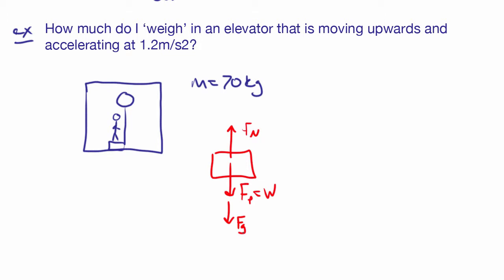Now the question is, which force is the scale actually reading out? What is the scale reading, giving you? It's your weight. Is the scale reading its own weight? No, if the elevator is not moving, it's just the weight of the person, since normal and gravity cancel each other out, so it's only the person left.